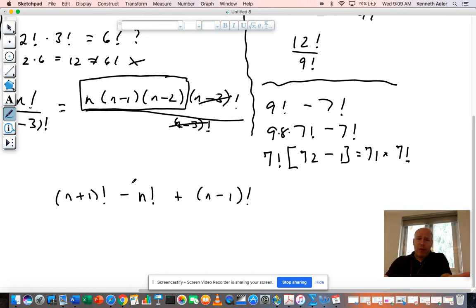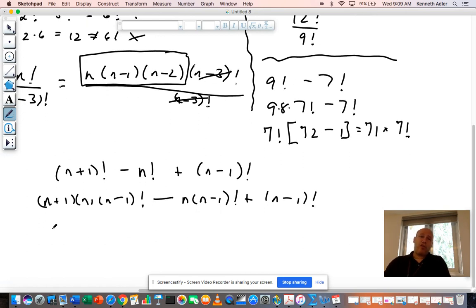Is there something in common in all of them? And the answer is yes. Rewrite all of these with a factor of n minus 1 factorial, pull out the n minus 1 factorial, and see what you're left with. So I'm going to write this as n plus 1 times n minus 1 factorial. I'm going to write the next term as n times n minus 1 factorial, and the last term is already an n minus 1 factorial.